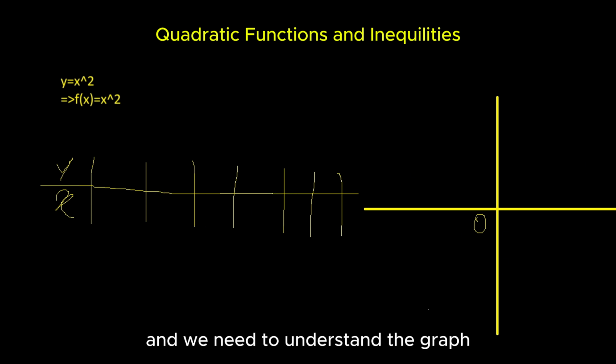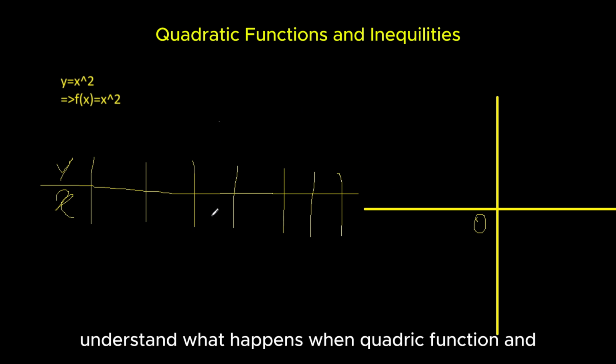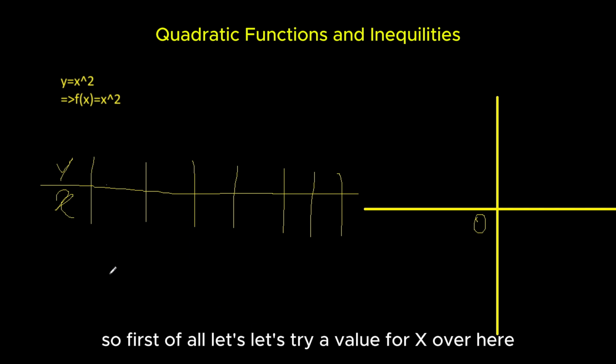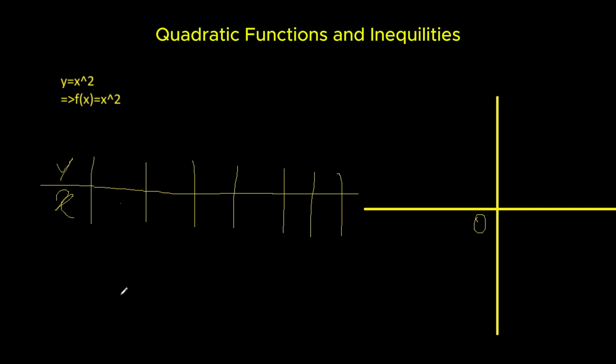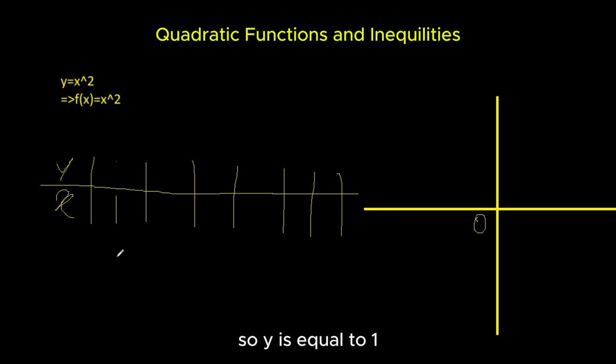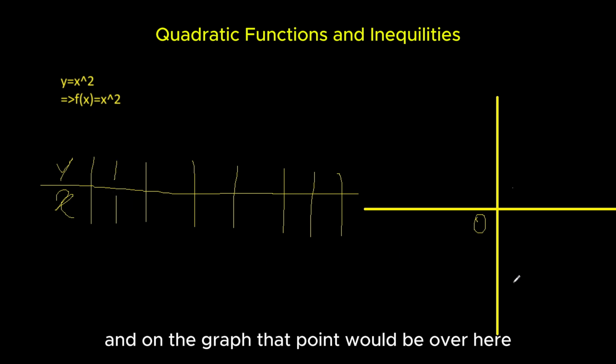And we need to understand the graph for quadratic functions in order to understand what happens when quadratic functions and inequalities go together. So first of all, let's try a value for x over here. So let's input x as 1. So x squared is equal to 1 squared, so y is equal to 1. And on the graph, that point would be over here.